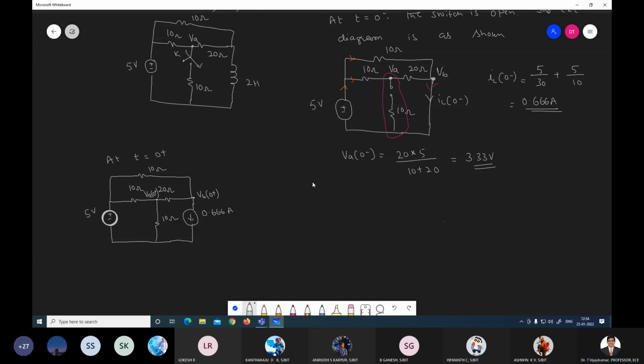Apply KCL at node A and at node B, and write the equations. Solve those two equations, find out what VA0 plus is, and tell me the answer.